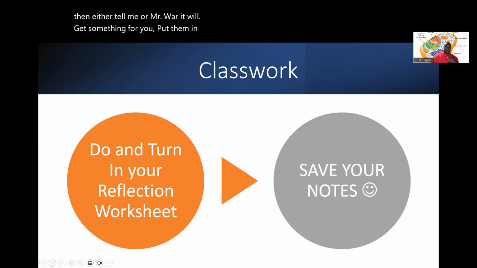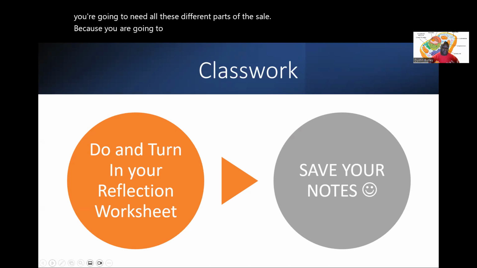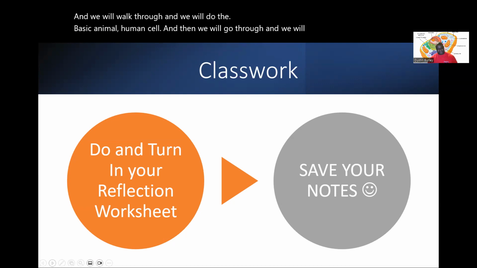But you will be doing an activity on Monday where you're going to need all these different parts of the cell because you are going to start labeling the different cells. And we will walk through and we will do the basic animal human cell, and then we will go through and we will do the plant cell.